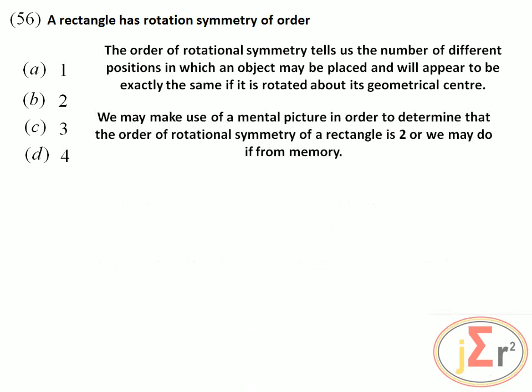We may make use of a mental picture in order to determine that the order of rotational symmetry of a rectangle is actually 2, or we may do it from memory. Sometimes we may be able to do the rotation in our minds, or sometimes we just know that the order of rotational symmetry of a rectangle is 2.